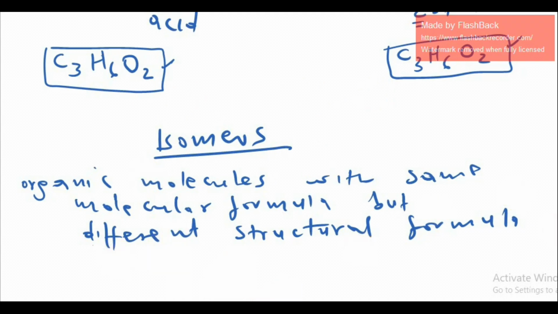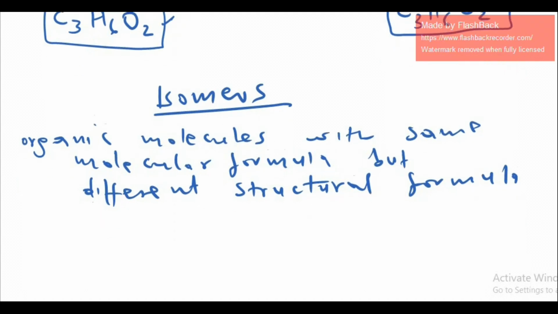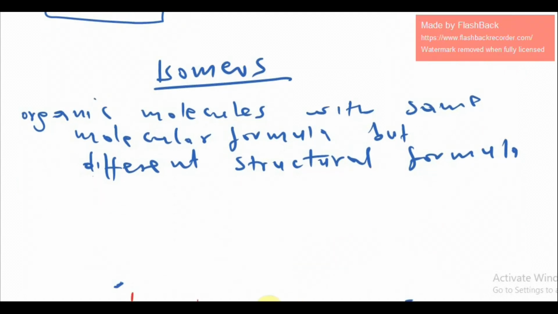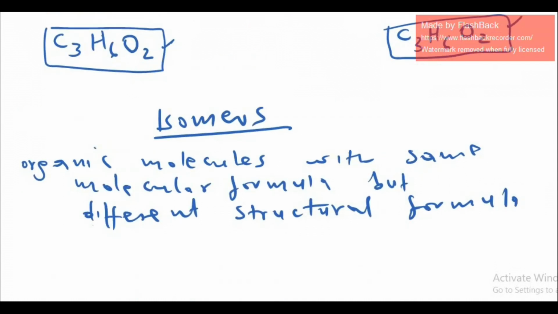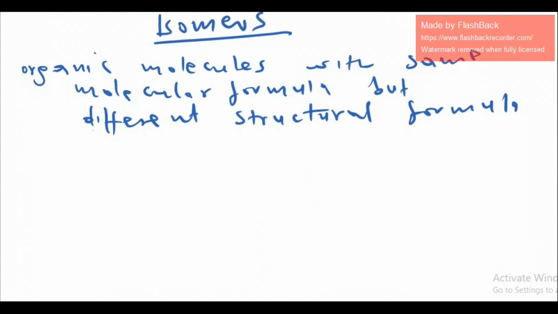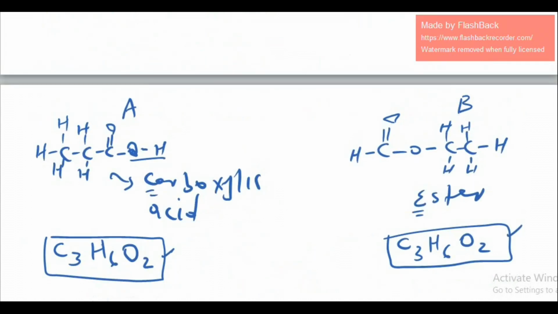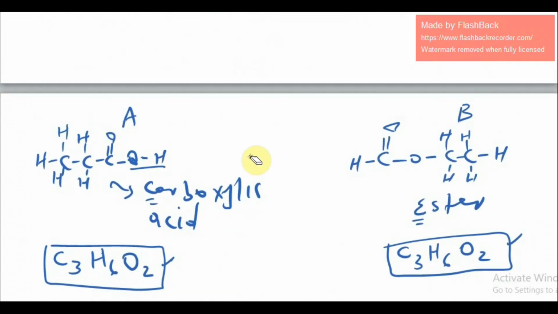Now let's go to the types of isomers. Let me make a few examples. The first example is this one, compound A and B. They have the same molecular formula, but the structural formula is not the same.